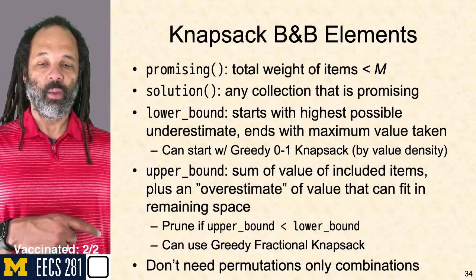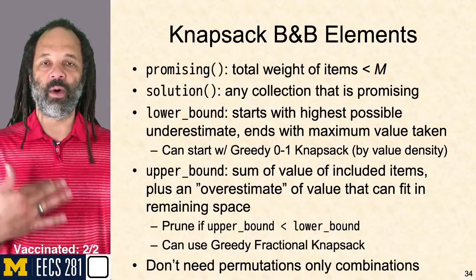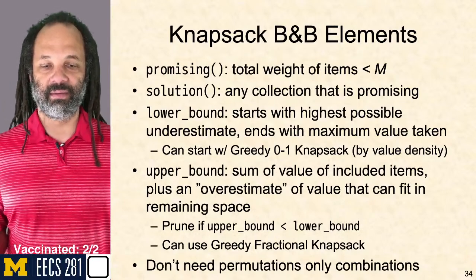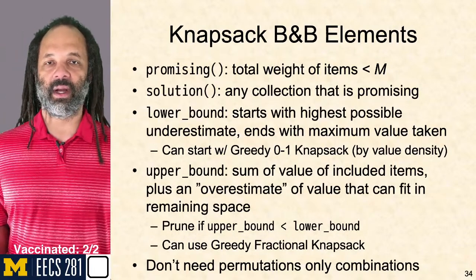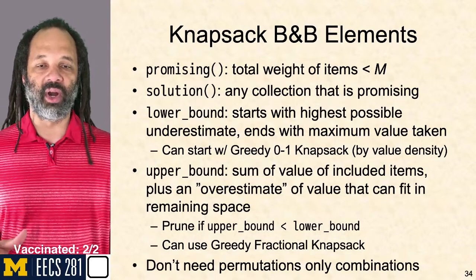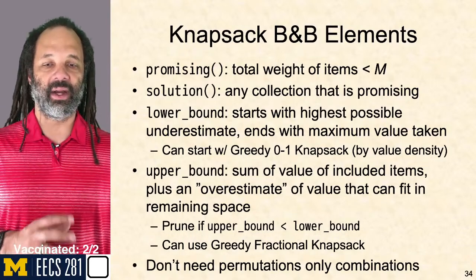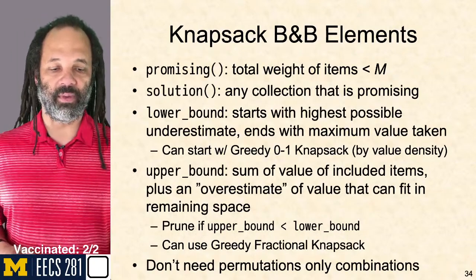Or here, we can use the greedy fractional knapsack, which is going to give us something we couldn't actually do, but it won't be wrong short, and that's good. We don't need to use permutations either, because it doesn't matter what order we put things in here. We only need to look at combinations. So we don't have to use gen perms to do knapsack here. We can just do it as a loop through each of the items instead of trying to figure out how to permute them.